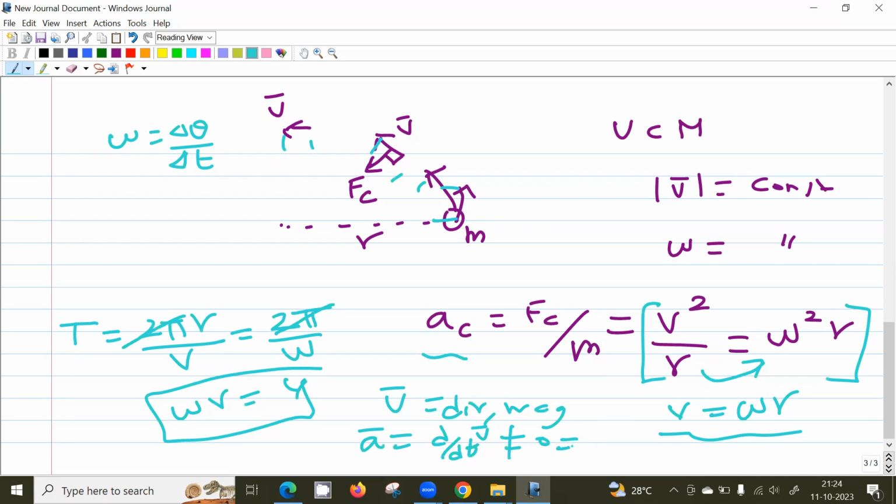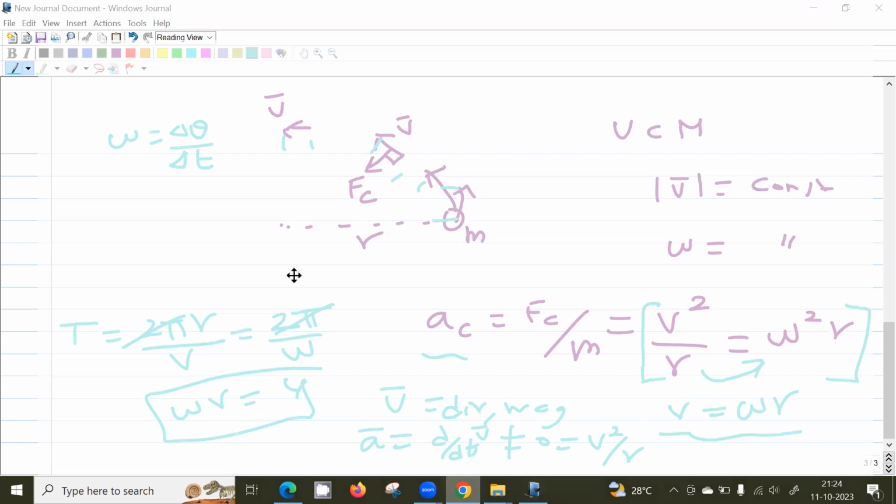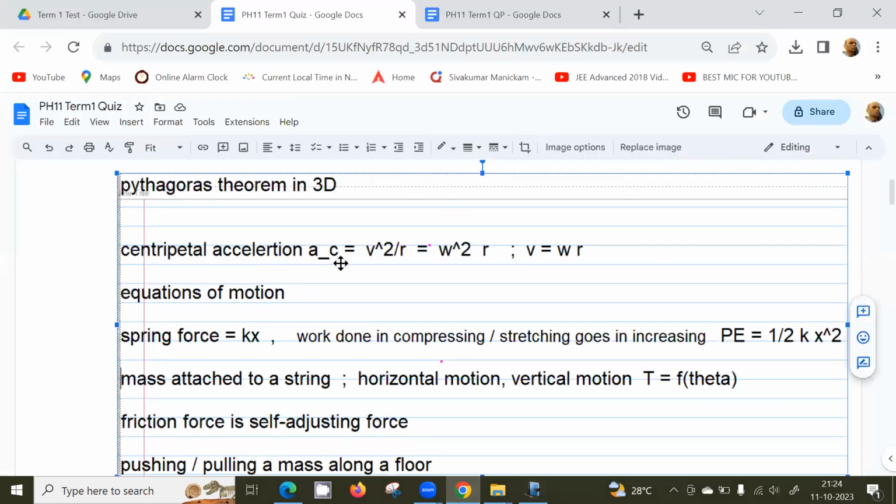And that is equal to v square by r for a uniform circular motion. So just remember this one, for a uniform circular motion, the centripetal acceleration, centripetal means towards the center. Okay, acceleration towards the center, that's v square by r, and also equal to omega square r, since v and omega are related as v equal to omega into r.